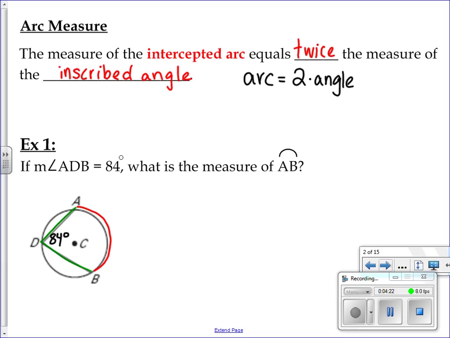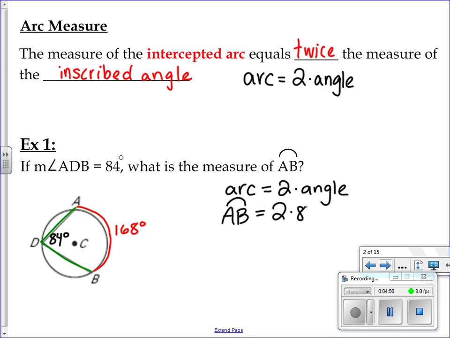So according to the rule, that arc is going to be 2 times the angle. So you're just going to do 84 times 2, which will give you 168. Now again, if you want to use that formula or the equation, arc equals 2 times angle, just write it out. Plug in what you know. Okay, my arc is AB. It equals 2 times my angle, which we do know is 84. And then you'll end up getting the same answer.